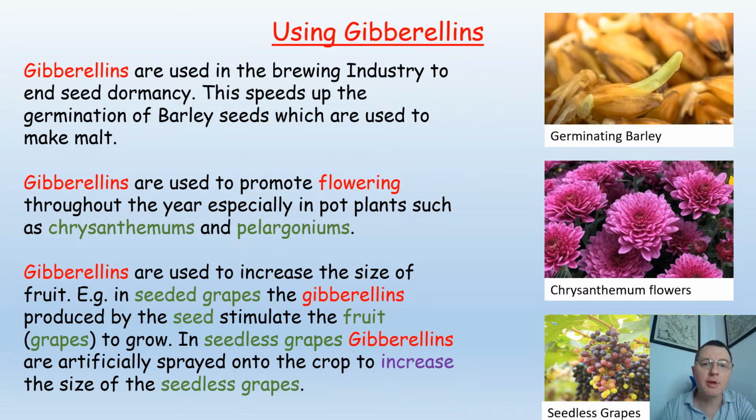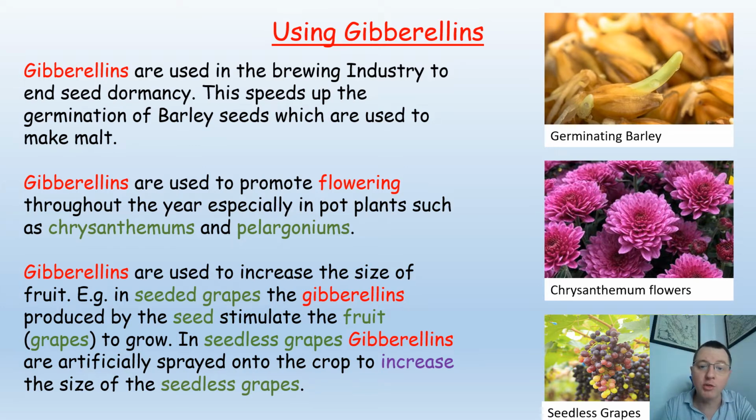So gibberellins have a number of uses in agriculture and in industry. Gibberellins are used in the brewing industry to end seed dormancy, and this speeds up the germination of barley seeds, which are used to make malt. Gibberellins are also used to promote flowering throughout the year, especially in pot plants such as chrysanthemums and pelargoniums.